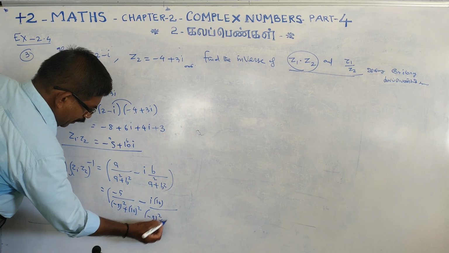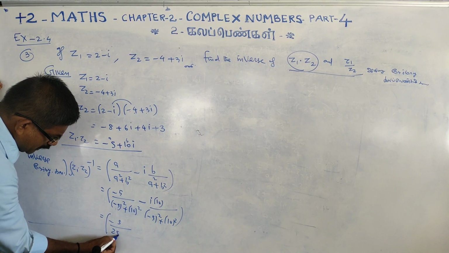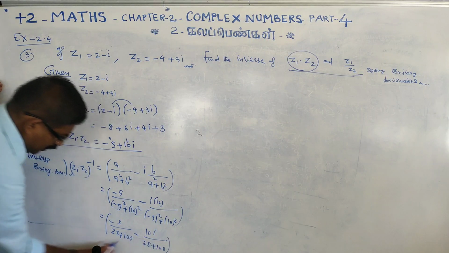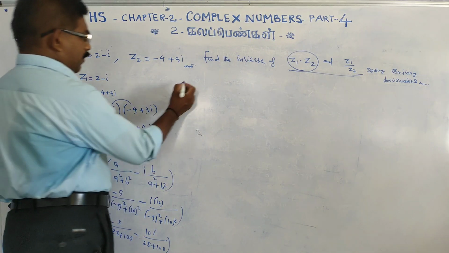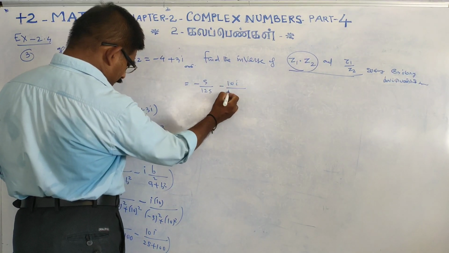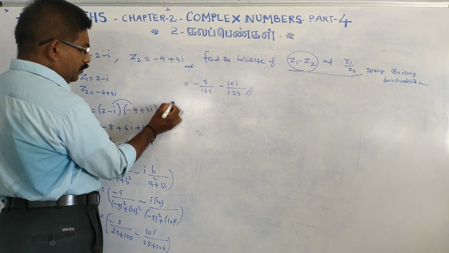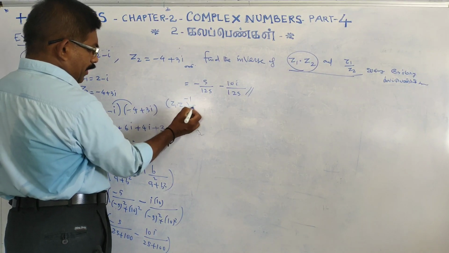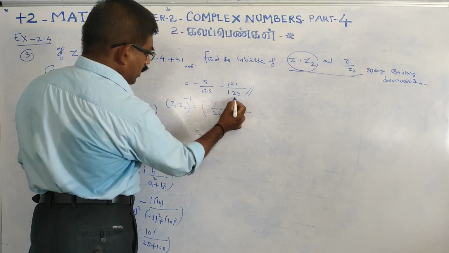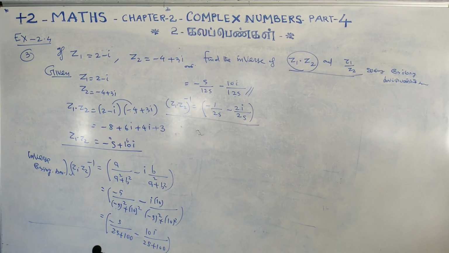Square gives 25 plus 100, that is 125, so 5 by 125 minus 10I by 125. You can stop here, or reduce further by cancelling by 5: minus 1 by 25, minus 2I by 25. This is the inverse of the complex number.